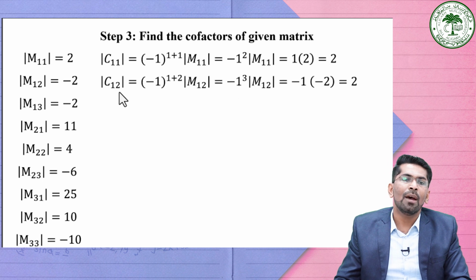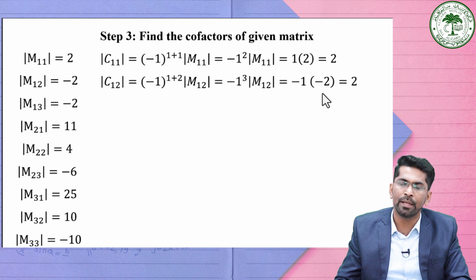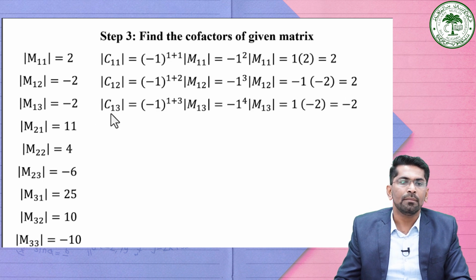So similarly, we have the second cofactor, C12, which is minus 1 raised to the power 1 plus 2 into the second minor, which is equal to minus 2. So minus 1 cube, which is equal to minus 1, into minus 2, which is equal to 2. Similarly, the cofactor 3, it is minus 1 raised to the power 1 plus 3 into the third minor, which is equal to minus 2.